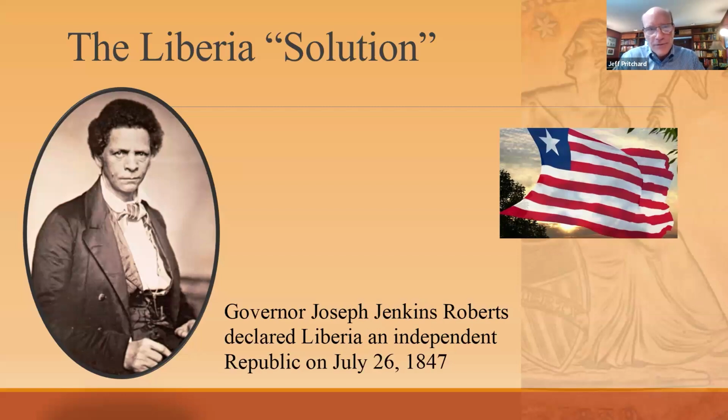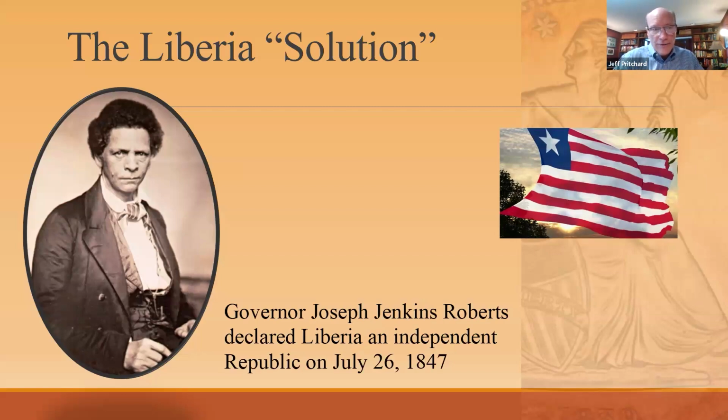So in 1847, after 25 years of financially supporting Liberia, this colonization society decided it was time to pull the plug financially. And so they contacted Governor Roberts, who incidentally was the first Black governor of Liberia. And they told him, financially, Liberia, you're on your own.